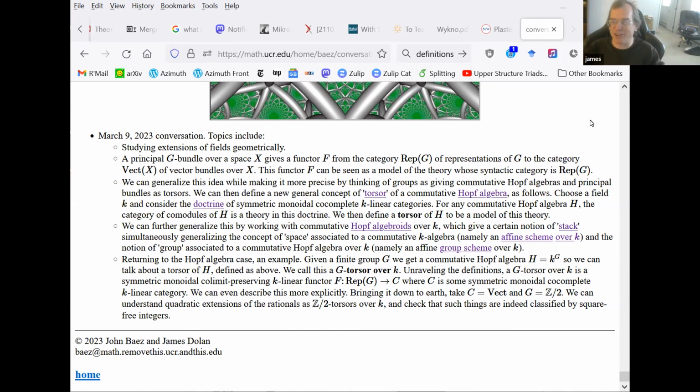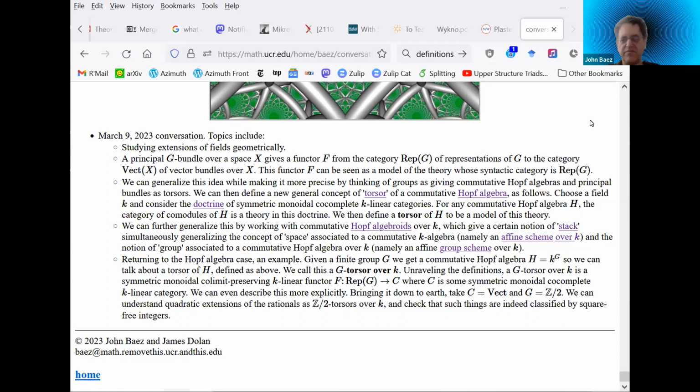But we have a lot of calculation and thinking to do to figure out why that representation category actually has that particular universal property. We've only stated the universal property in very sloppy ways so far, but we'll try to make it more precise.